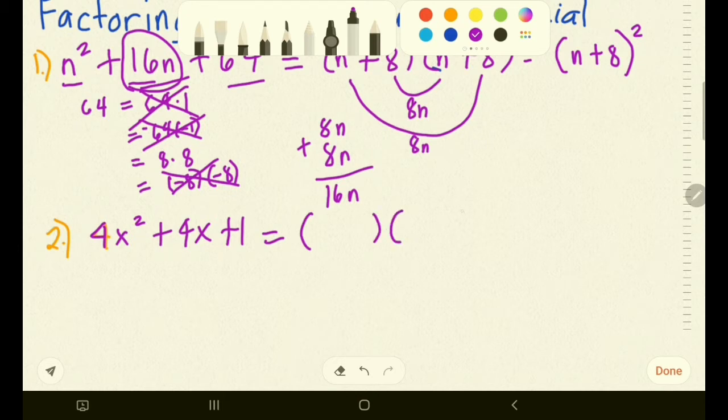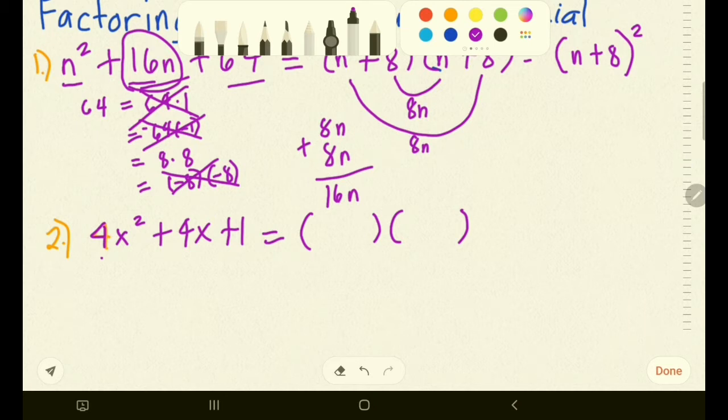For this class, from the previous examples when we had our lesson about factoring general trinomial, I didn't give a first term whose numerical coefficient is not 1 or not a prime number.